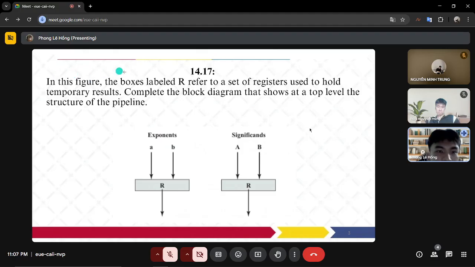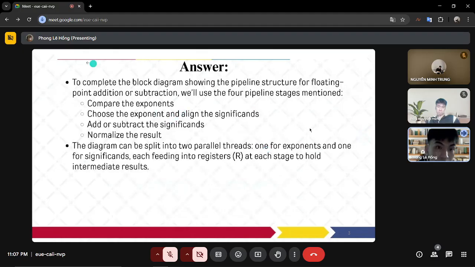14.20. In this figure, the boxes are labeled to refer to the set of registers used to hold the temporary result. Complete the block diagram that shows at the top level the structure of the pipelines. This is the picture. To complete the block diagram showing the pipeline structure for floating point addition and subtraction, we use the four pipeline stages mentioned.